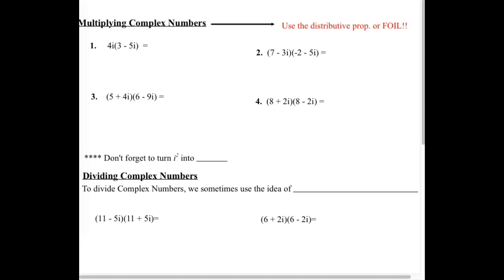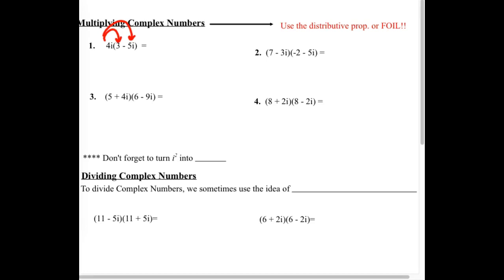All right, we can distribute and FOIL, just like we have with regular binomials, monomials. Our first one, we are distributing, so 4i times 3 would get us 12i, and 4i times negative 5i, take it in parts. 4 times negative 5 would be negative 20. i times i would be i squared.